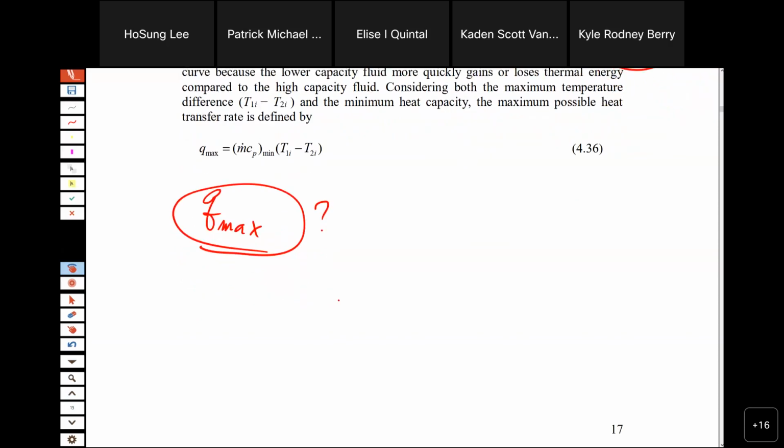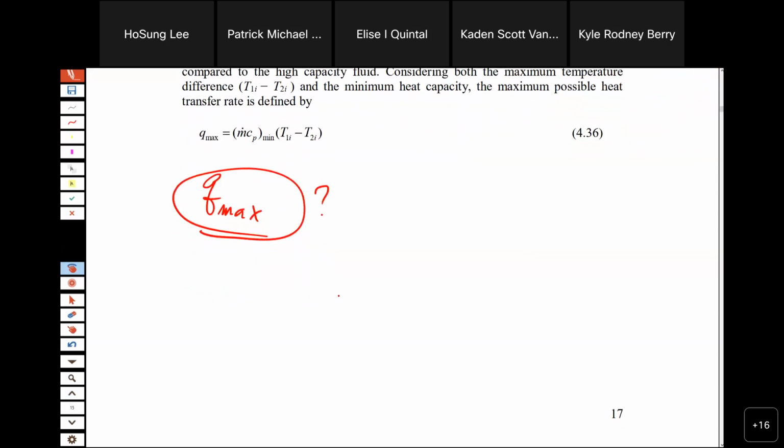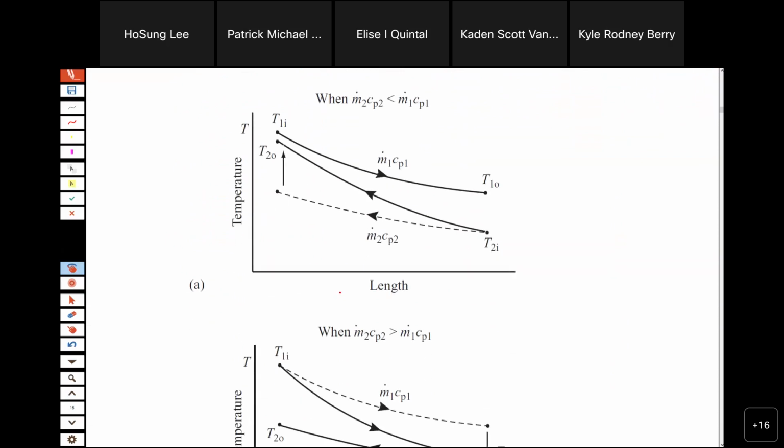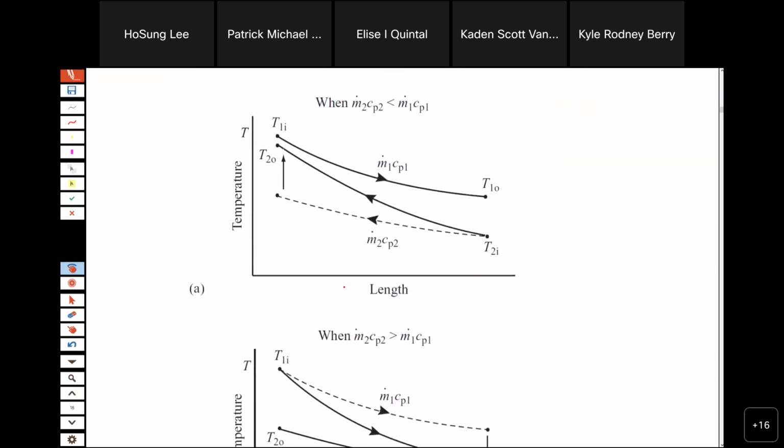So we're going to define, let's say, m dot, the hot, the product of mass flow rate and specific heat is the capacitance. The capacitance of the hot fluid, compare with the cold fluid.